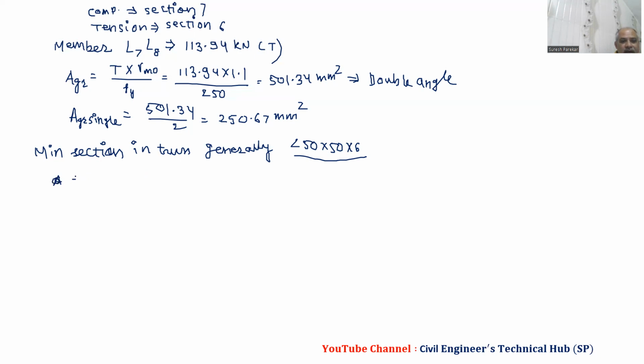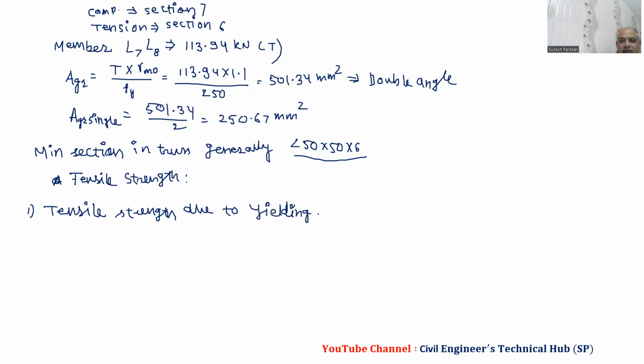Sorry, we have to now find out tensile strength. So now here we will go with only two, due to yielding and due to rupture. So we have tensile strength due to yielding. You can see which will take more time. If you have question till panel point load, then it becomes easy.